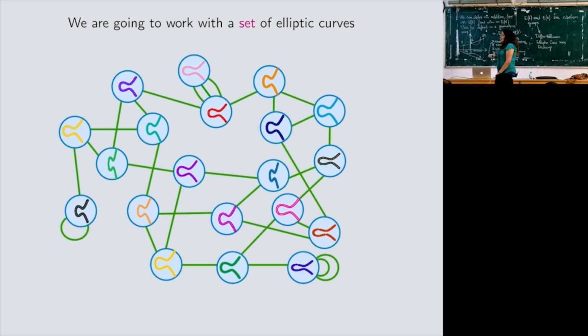And Bob does the same thing: chooses the integer 9, computes 9 times P, and sends it to Alice. But this law is commutative, so when Alice computes 7 times the point received from Bob, and Bob does the same with his secret 9, they get basically the same thing.